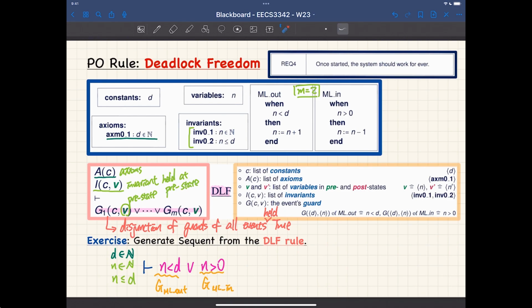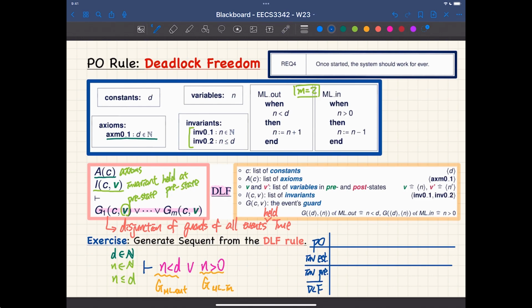Good. Let's now make a table to help you understand a little bit more. So far, we talked about 3 kinds of proof obligation. Let me draw the table here. Let me make a little more space. So for the proof obligations, we talked about invariant establishment, invariant preservation, and deadlock freedom. These are the 3 proof obligations we spoke about.